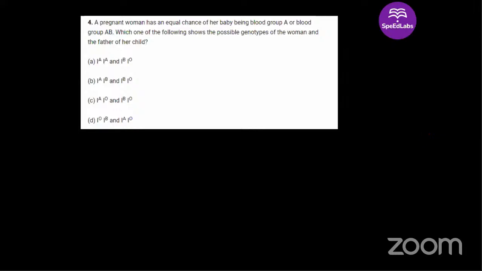One has given A, one has given B, another one has given C. Read the question, understand it, draw the Punnett square.